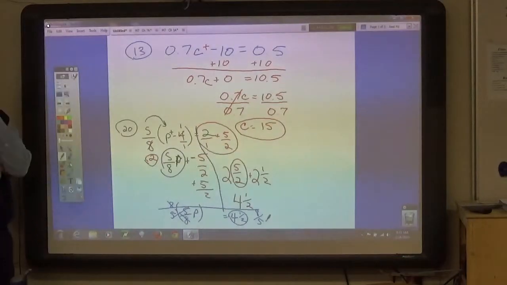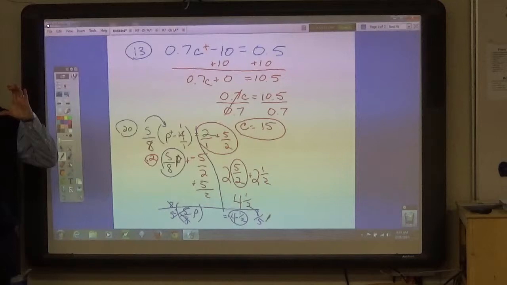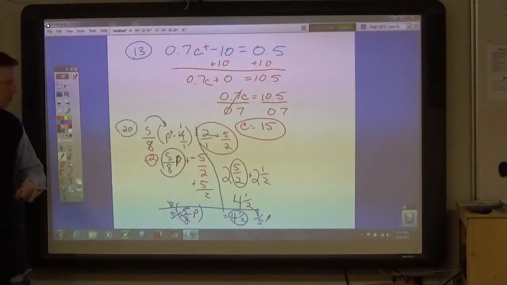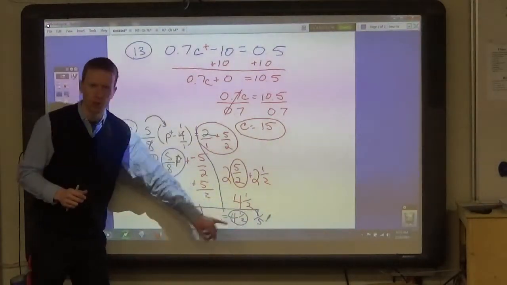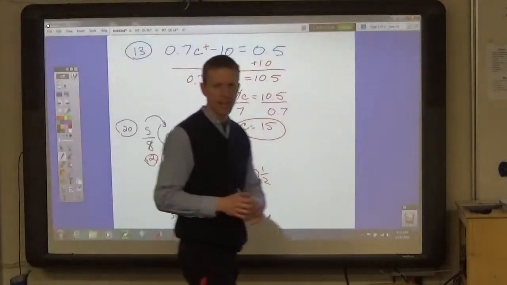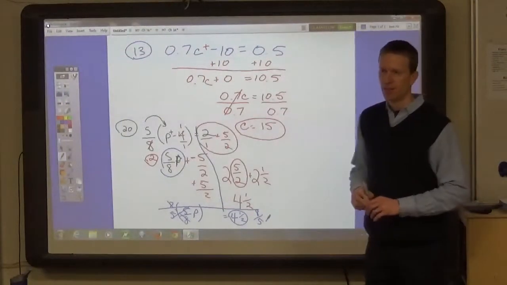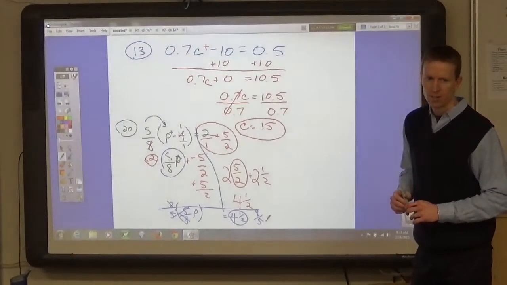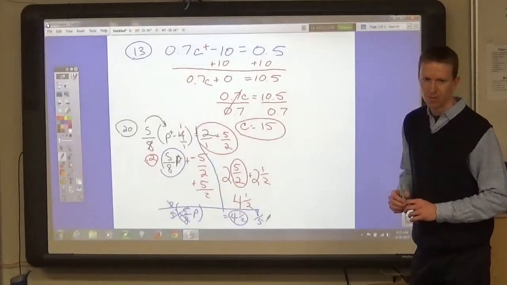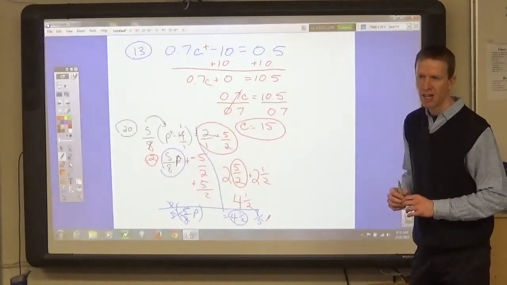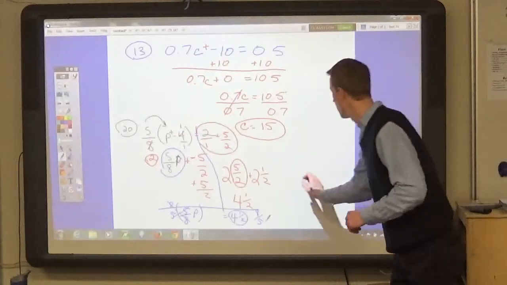Now we've got to rewrite that problem, don't we? Because we have to make fractions times fractions. So convert 4 and a half to a fraction. What is that? 4 times 2 is 8, plus 1 is 9.